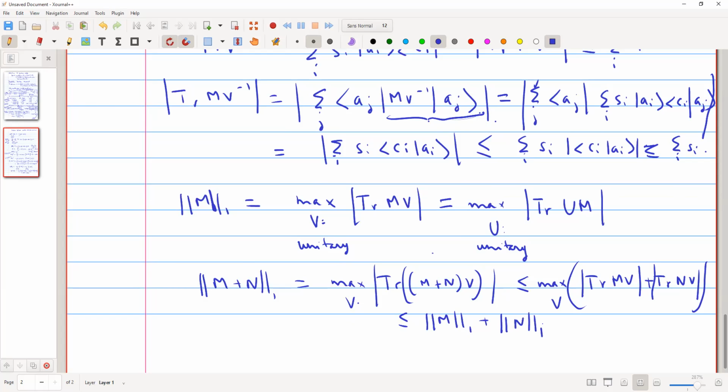And in general, the inequality will be strict. You can clearly see why, because the V which maximizes trace MV is in general different from the V that maximizes trace NV. So in general this inequality will be strict, but of course you can also see cases where it will be attained.